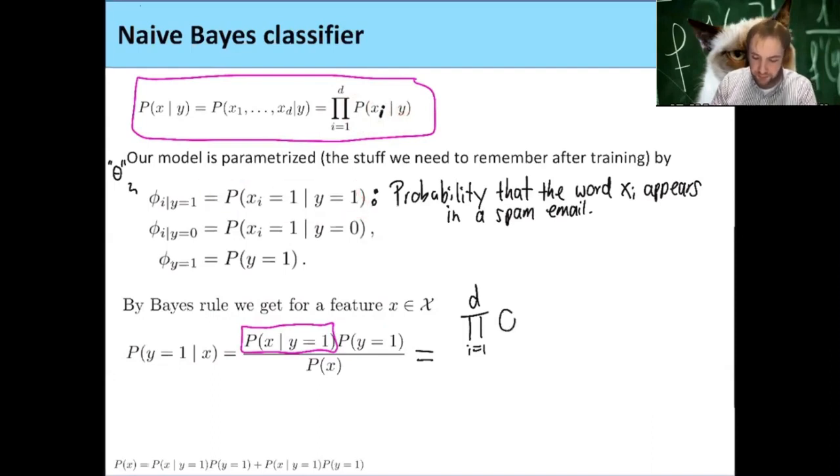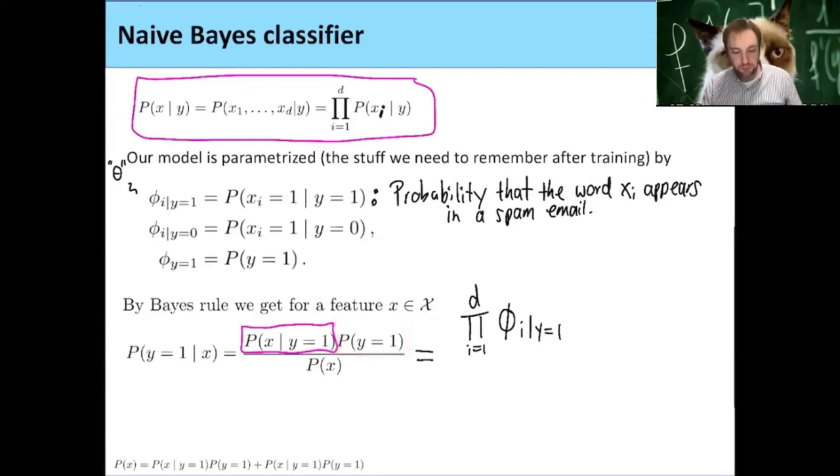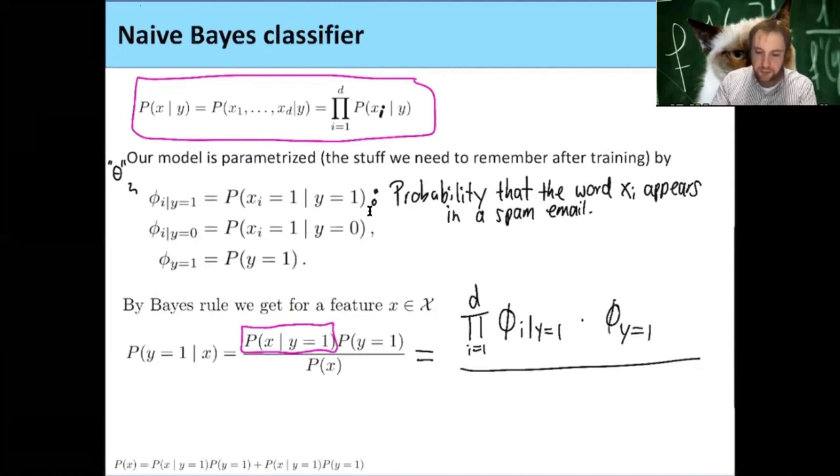So here it's phi i given y equals 1. And the probability that an email is spam, that y equals 1, is just this phi y equals 1, divided by p(x).